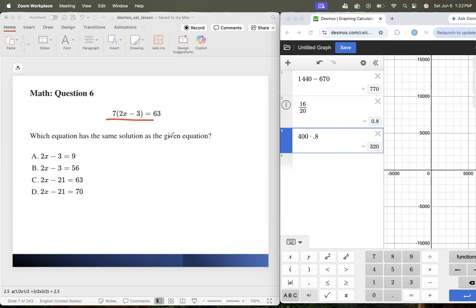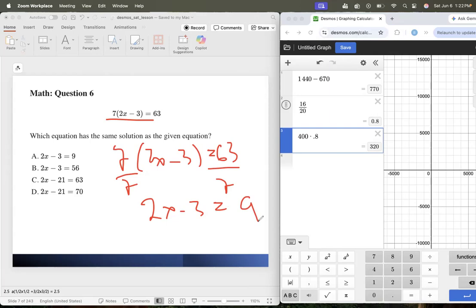Solve the equation, look at it, and see which one is equivalent to that. Based on what they've given you, I can tell you they don't want you to use Desmos. They know that if you divide both sides by 7, you're going to get what? 2x minus 3 is equal to 9. Do you see 2x minus 3 is equal to 9? It's right there. Number 1, staring at you like that.